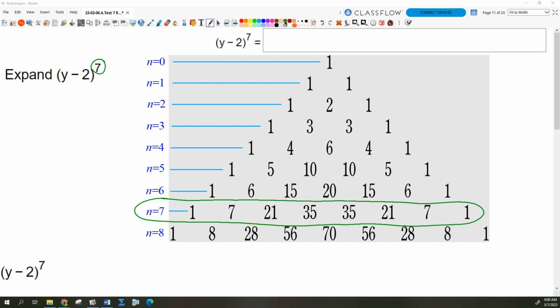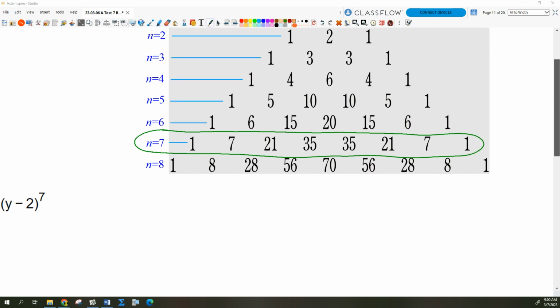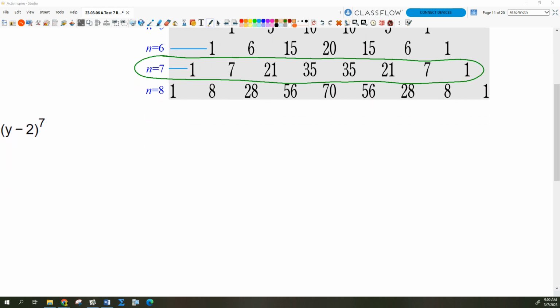Okay, so then what's this going to give us? We can scroll down a little bit. So we're going to get 1 times what? y to the 7th. Okay, because that's our first one, right?